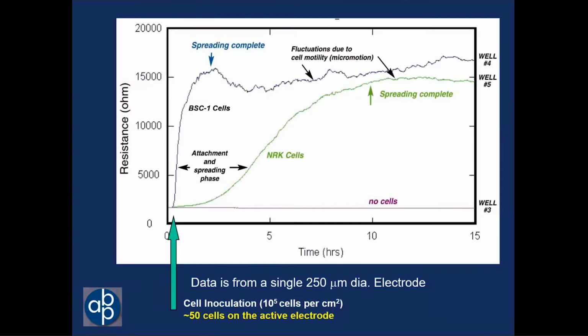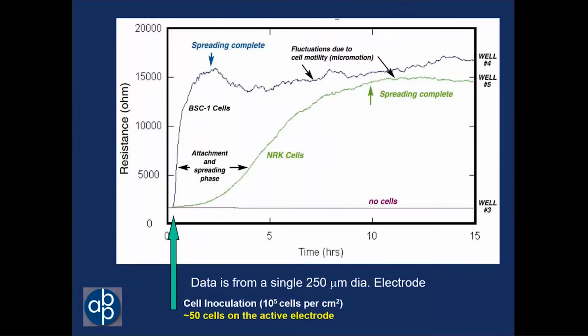And what you see is as the cells attach and spread, there's a dramatic increase in the resistive portion of the impedance, going up almost 7-fold from that of an open electrode. The BSC cells attach much more readily than the NRK cells, but they both happen to come to approximately the same final resistance in a confluent layer.